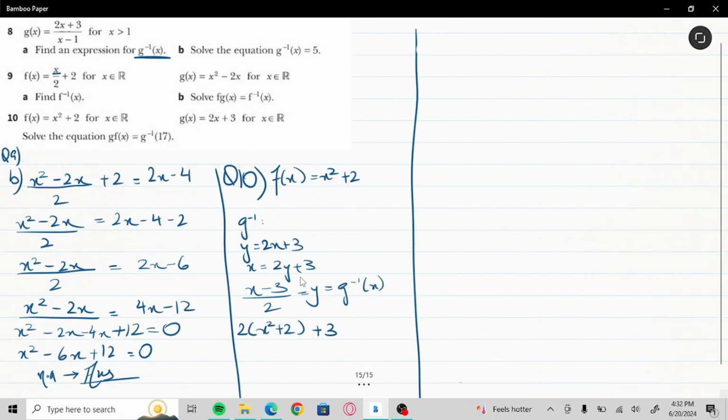Okay, is equal to g inverse of 17. So we have to input the value of 17 in the function g inverse, which is the inverse of the function g. So (17 minus 3) divided by 2. Okay. Now simplify this. 2x squared plus 4 plus 3 is equal to 17 minus 3, which is 14. 14 divided by 2 is 7.